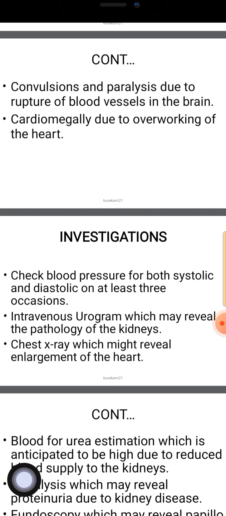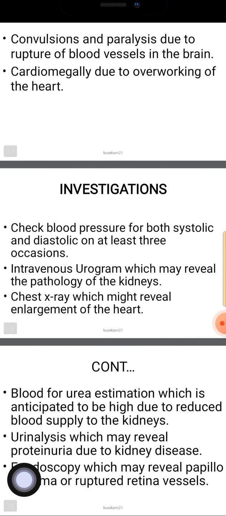Then cardiomegaly due to overworking of the heart. Let's take for instance, this heart is used to pumping blood at normal pressure. So if these factors have interfered with the cardiac output or systemic vascular resistance, the heart will start pumping fast.